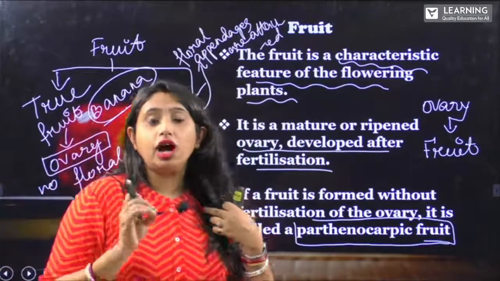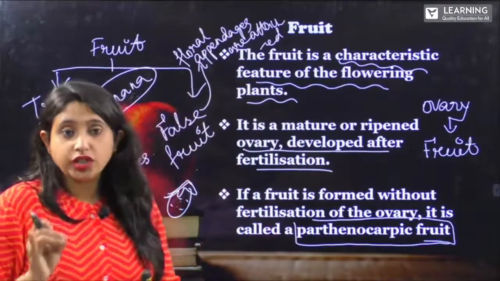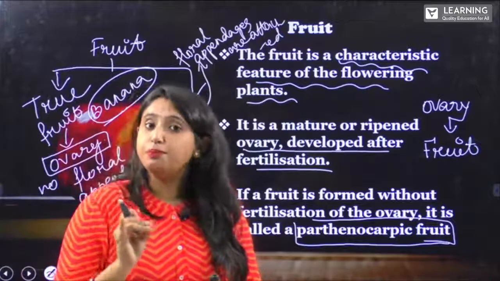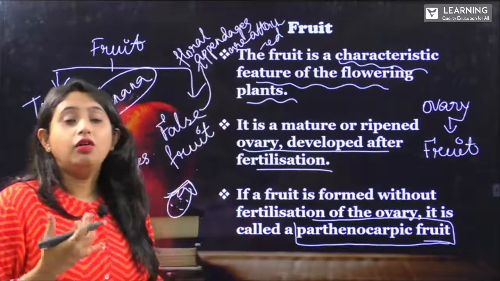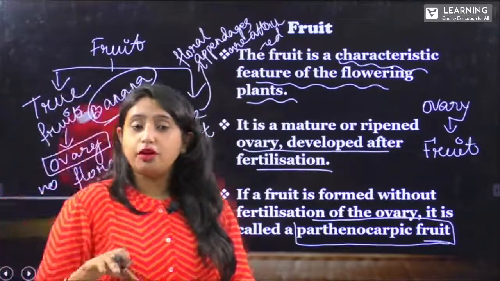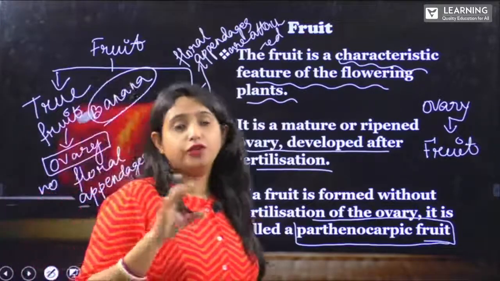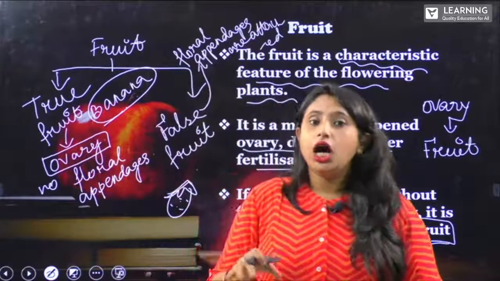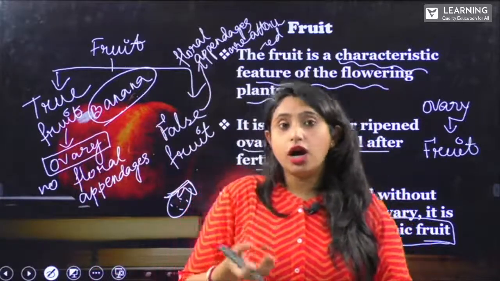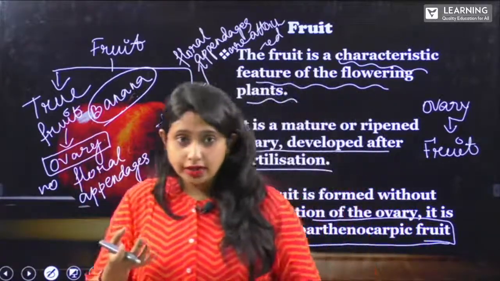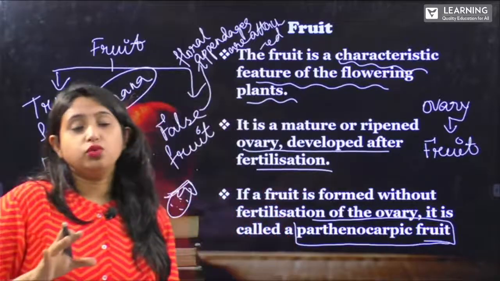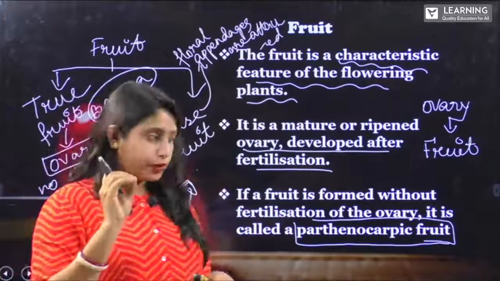Parthenocarpic fruits are the fruits which are formed from the vegetative part of the plant. Now you have studied about vegetative propagation, isn't it? You have seen how the different parts of the plant can give rise to another plant, right? That is one type of your asexual reproduction.